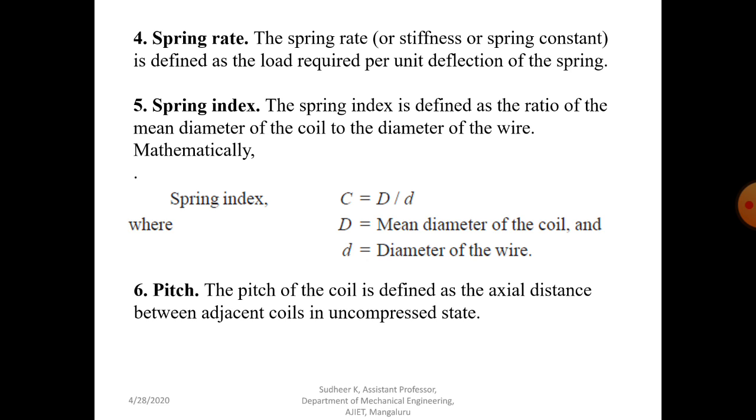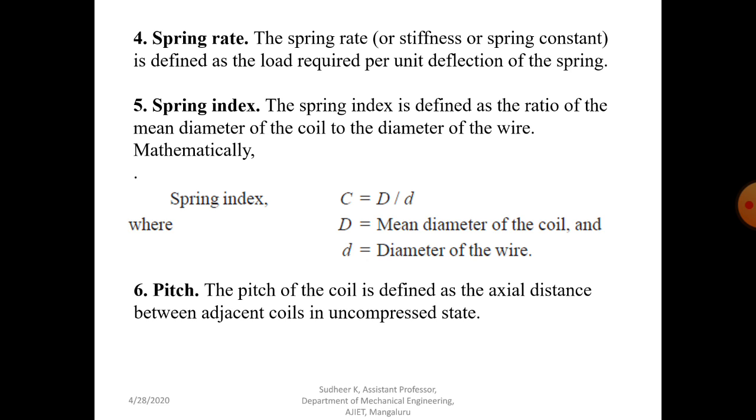In the design of a helical spring, the designer should use good judgment in assuming the value of the spring index. The spring index indicates the relative sharpness of the curvature of the coil. If the value of the spring index is very low, say less than 3, the stresses in the wire are excessive due to the curvature effect.